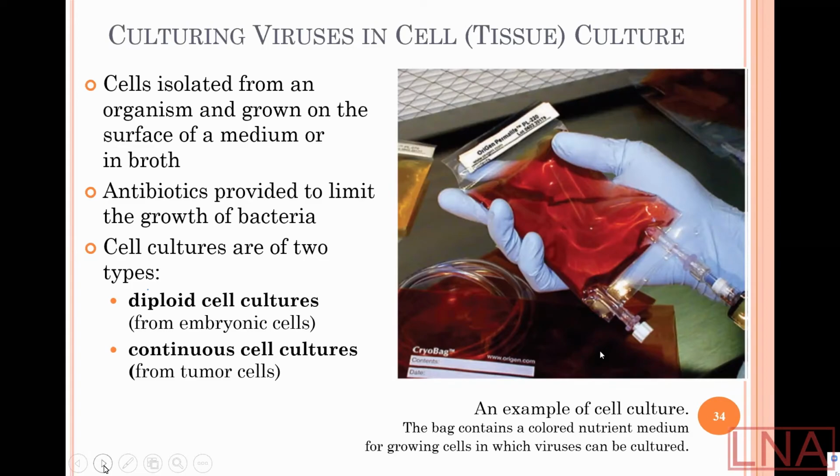Cell cultures are of two types: diploid cell culture from embryonic cells, and continuous cell culture from tumor cells. Continuous cell cultures are very nice because they never die, like all tumor cells. Apoptosis is not programmed in these cells, and of course such cells are very good for growing viruses.